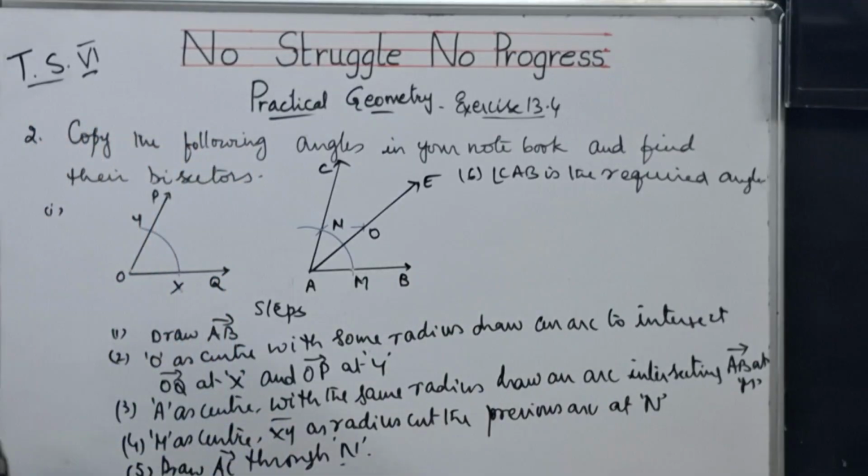We have got this. Now we need to write about the bisector AE.